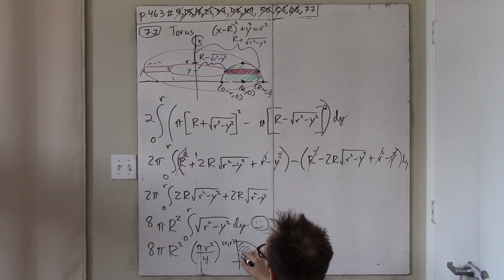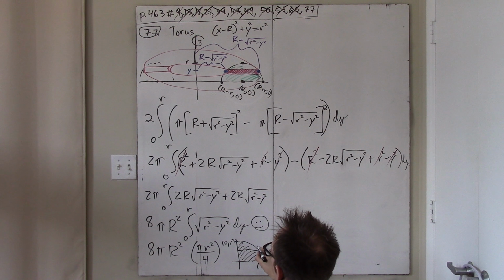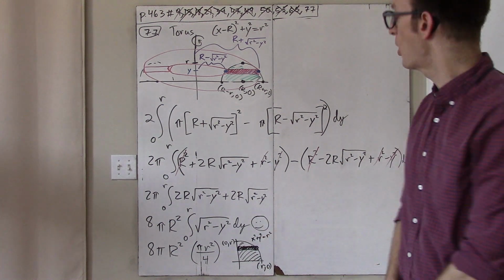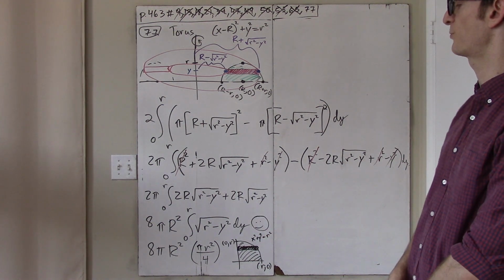I guess this way we'd be integrating like this way or something, right? Because this is the circle x squared plus y squared equals little r squared, and so we just know by geometry it is a quarter of a circle of radius little r.